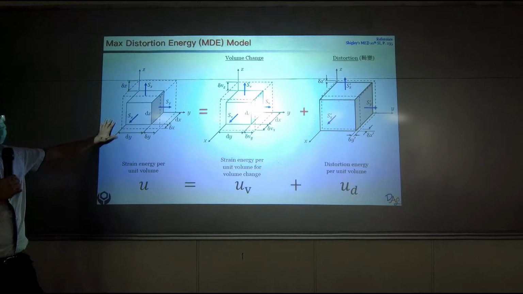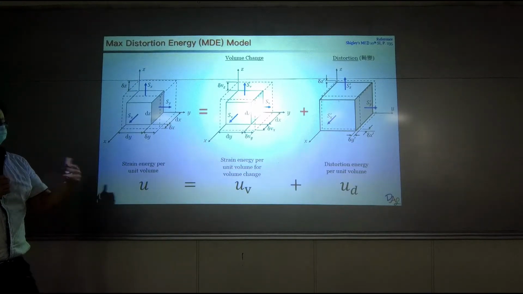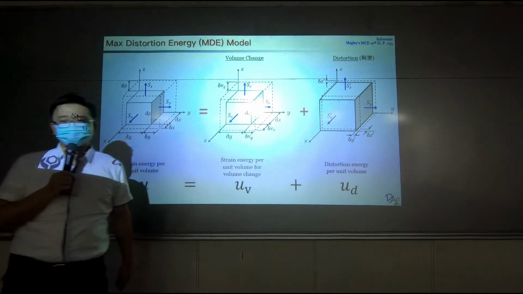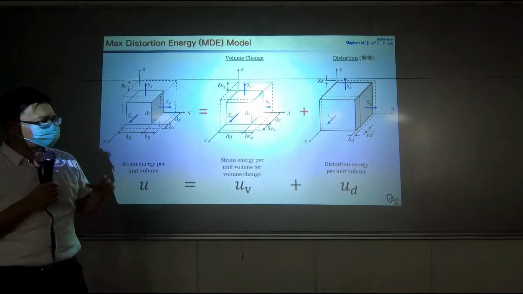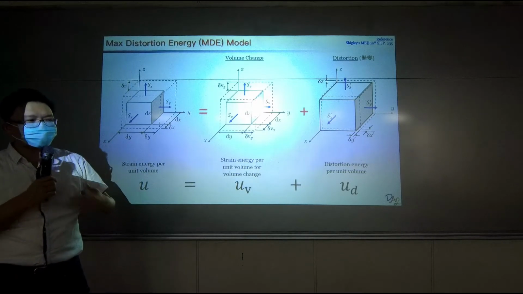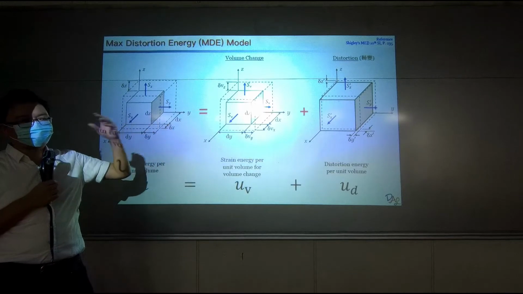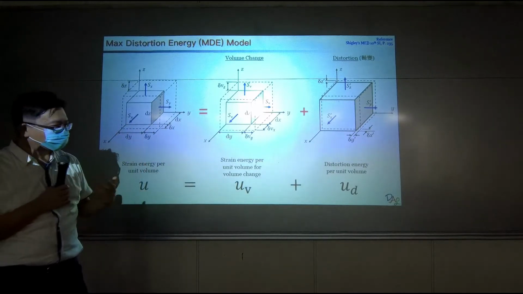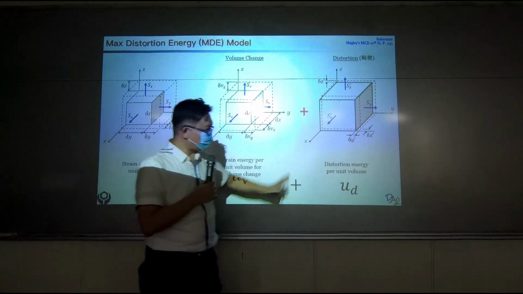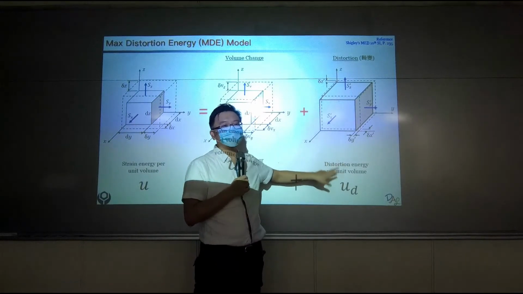When I prepared this lecture for distortion energy, it really took me some time to understand why they did it. And after several times of studying this theory and understanding the equations, I realized the main reason is just because direct derivation of this is not easy.